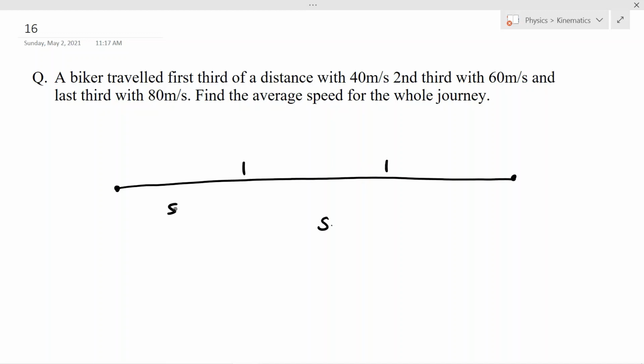Each will be of distance s by 3, because he travels the first third, second third, and so on. He travels with 40 meter per second in the first third, the second third with 60 meter per second, and the last third with 80 meter per second.